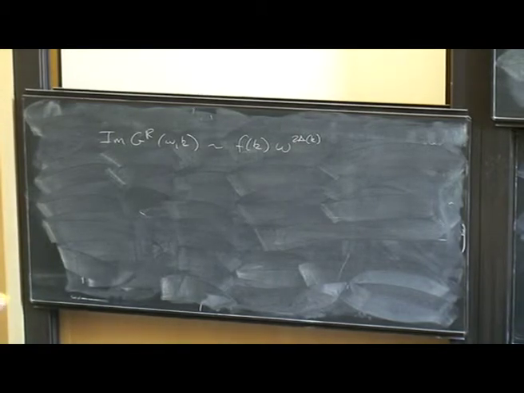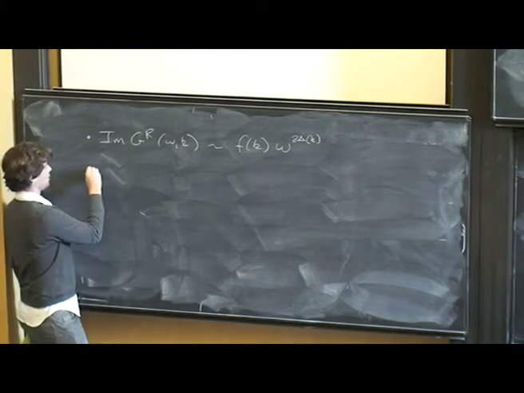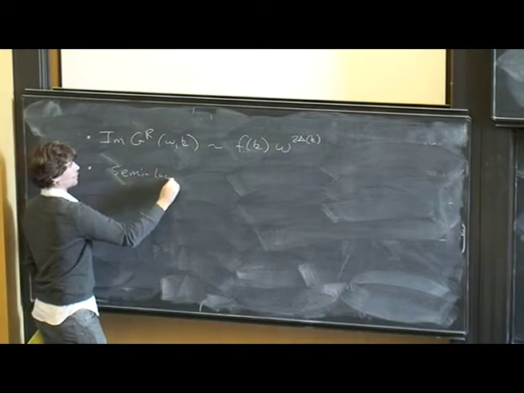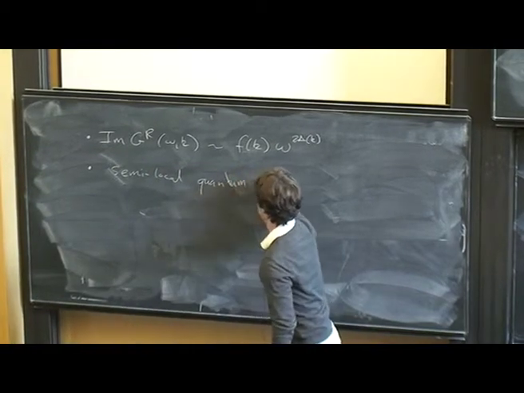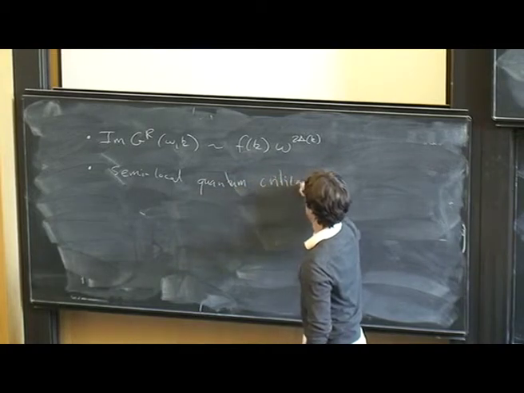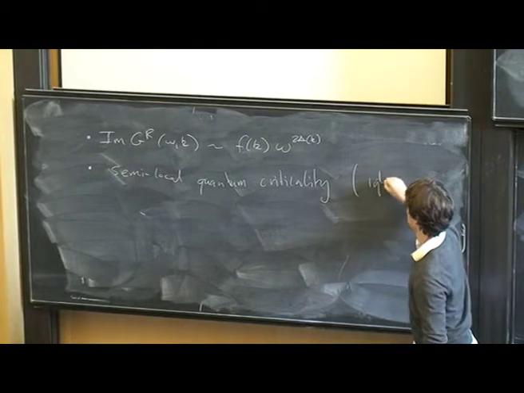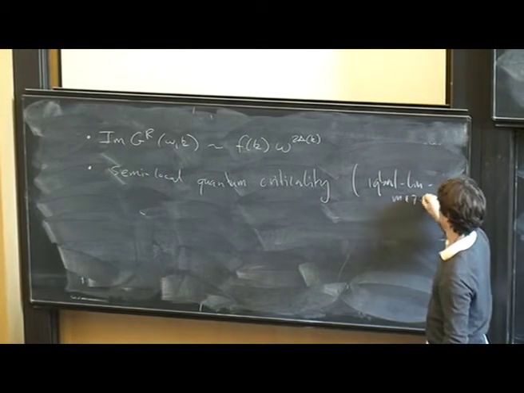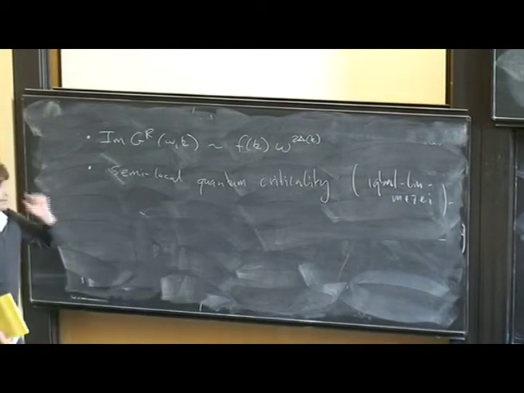Okay, so this thing was sufficiently exotic a few years ago when people came across it that they gave it a name, and this was called semi-local quantum criticality. This name is due to Iqbal, Liu, and Faulkner. And so what's the point?